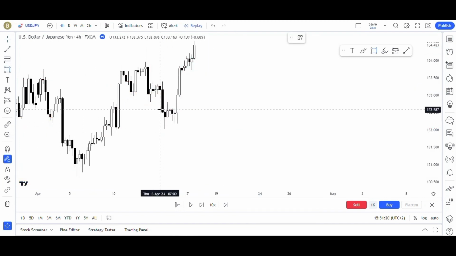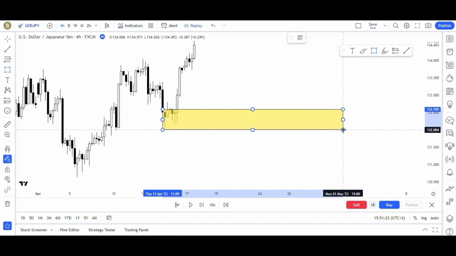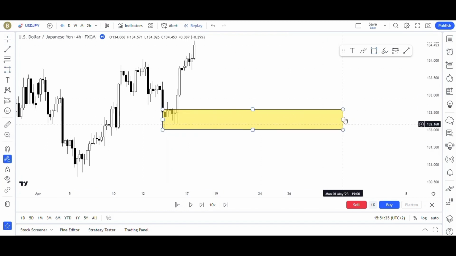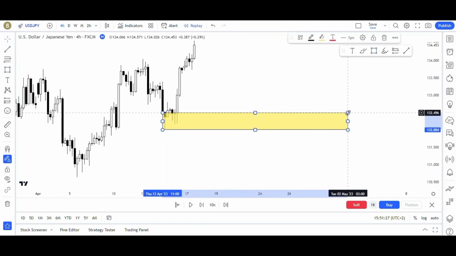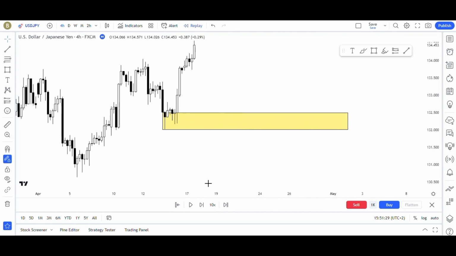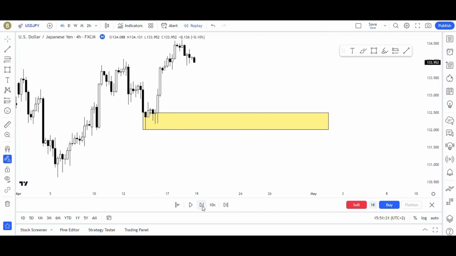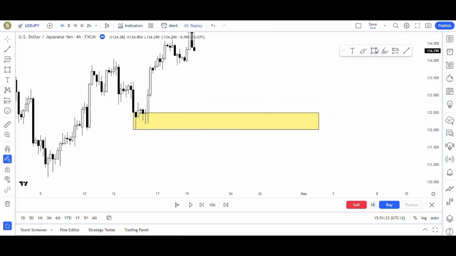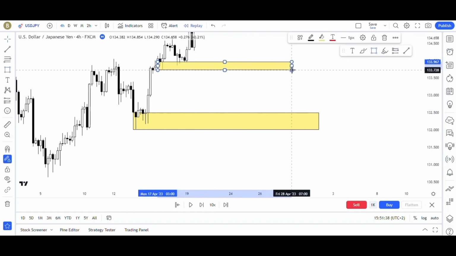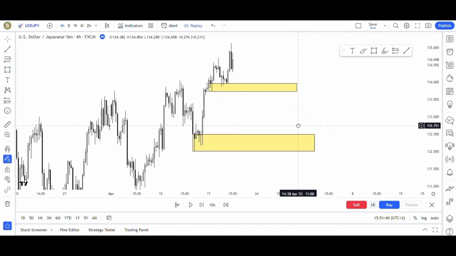Now we have another order block right here, a new order block, and what I'm going to do is just go until here. Now let's see if we have one equal low, so many people will draw it like this.